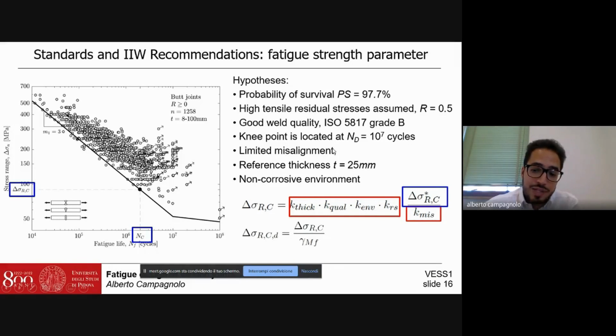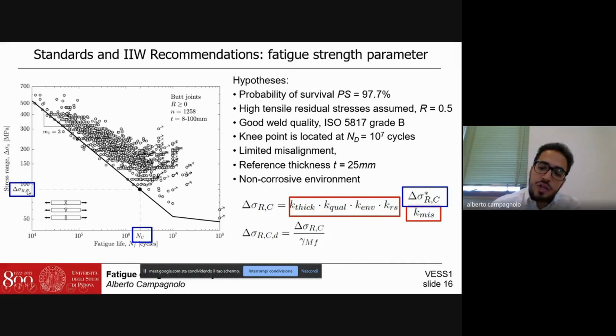The misalignments are absent or limited, and the thickness of the joints, the reference one, is typically 25 millimeters, and the environment of the fatigue test laboratory is a non-corrosive one, so that we can define a reference fatigue strength category of our joint, which is this value.